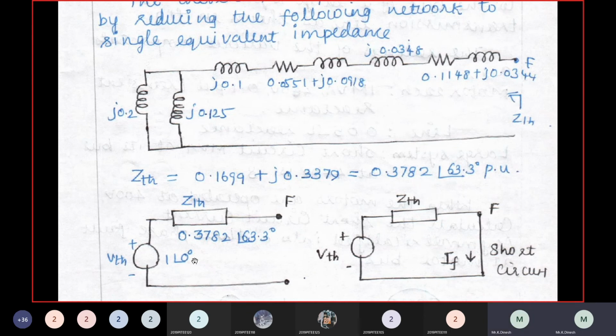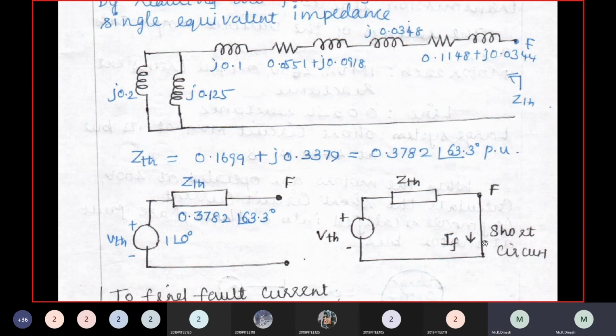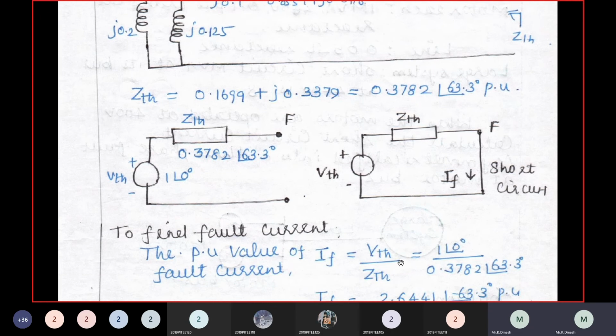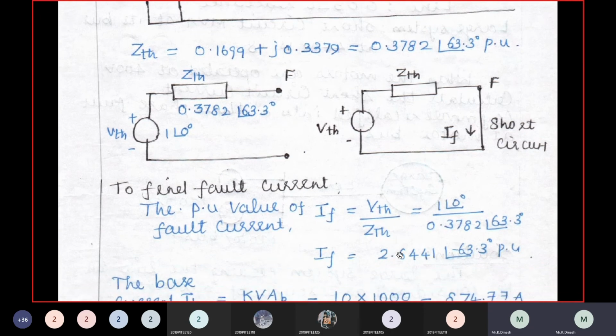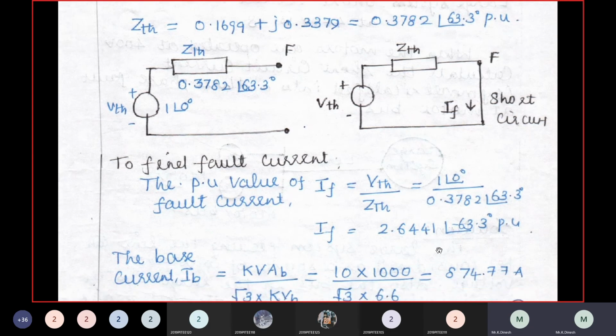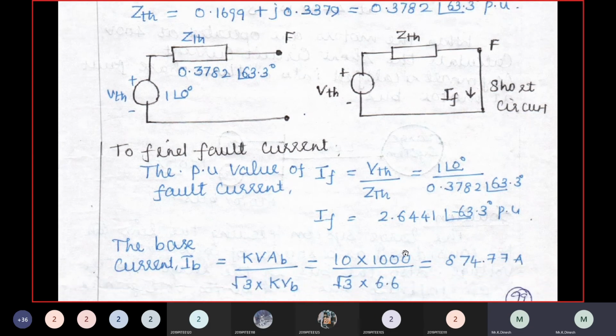V Thevenin is 1. It is assumed to be a short circuit fault. IF equals V Thevenin by ZTH, which is 2.6441 at an angle minus 63.3 per unit. If you need the actual current, it is MVA base divided by root 3 times kV base.